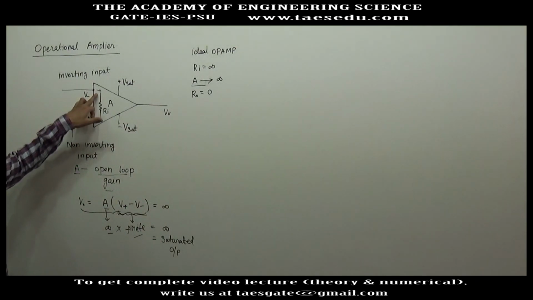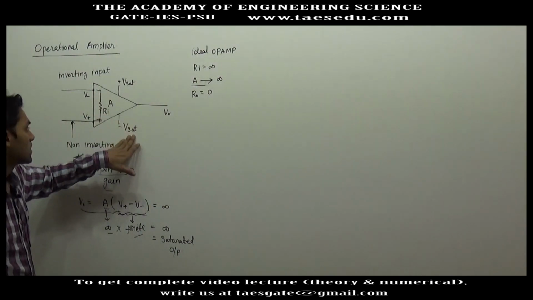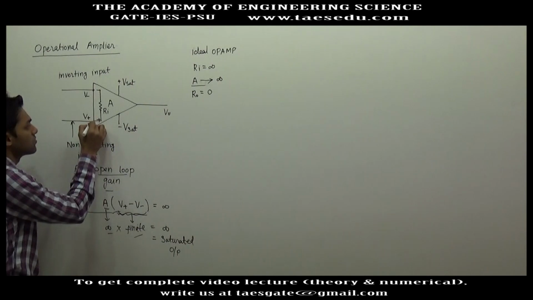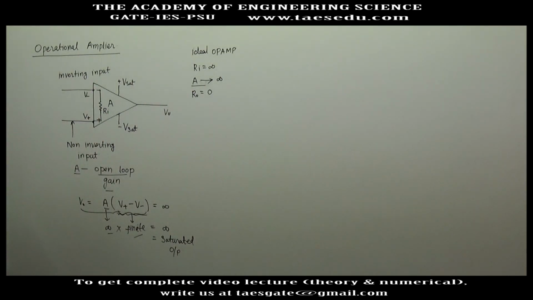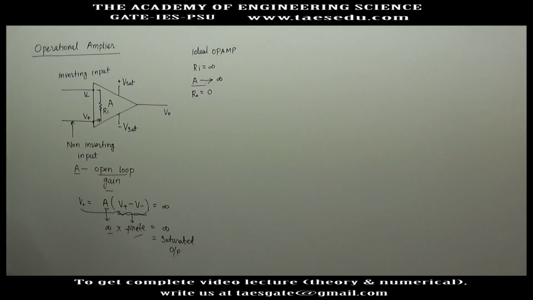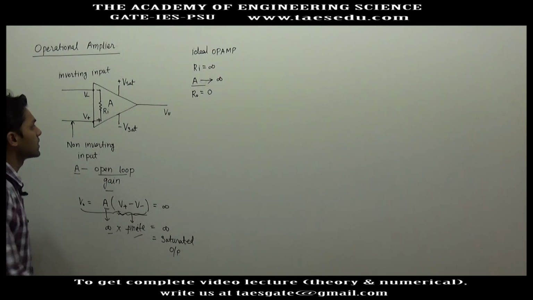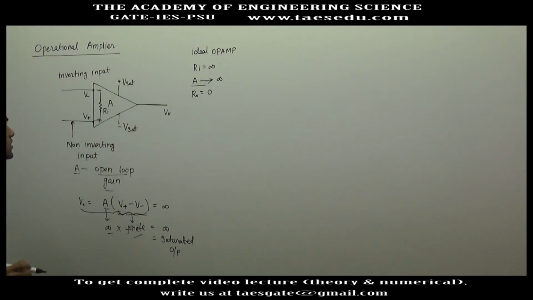If the inverting voltage is greater than the non-inverting voltage, this will give negative saturation voltage, and if the non-inverting voltage is greater than the inverting voltage, this will give positive saturated voltage. Now if you want to get a finite output voltage, we will have to connect this op amp with negative feedback.